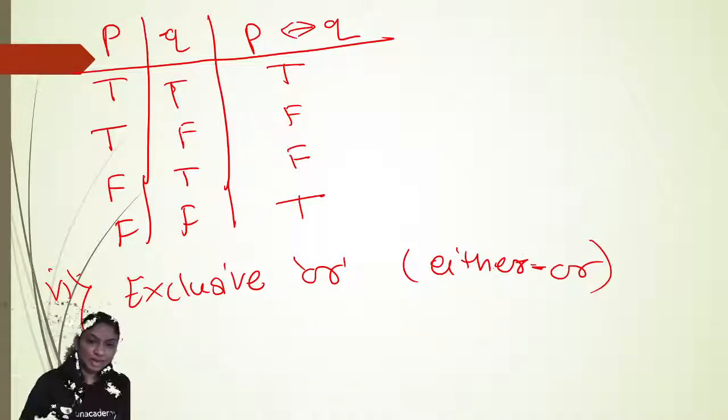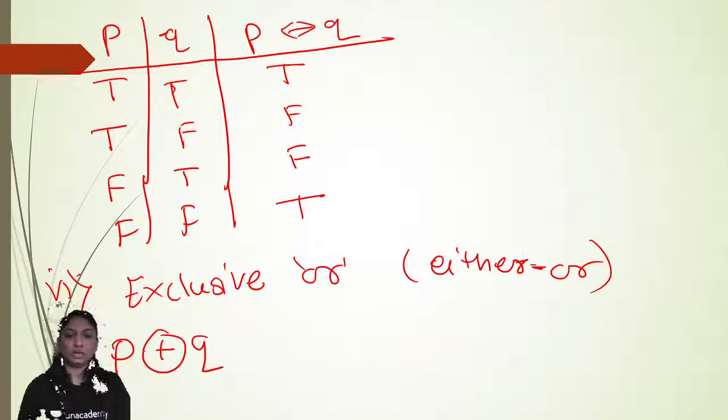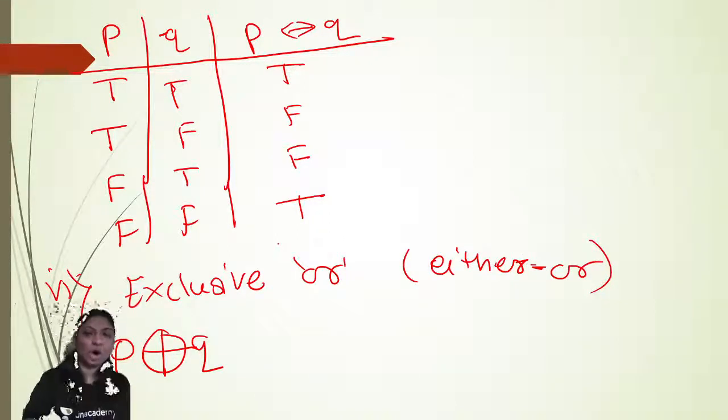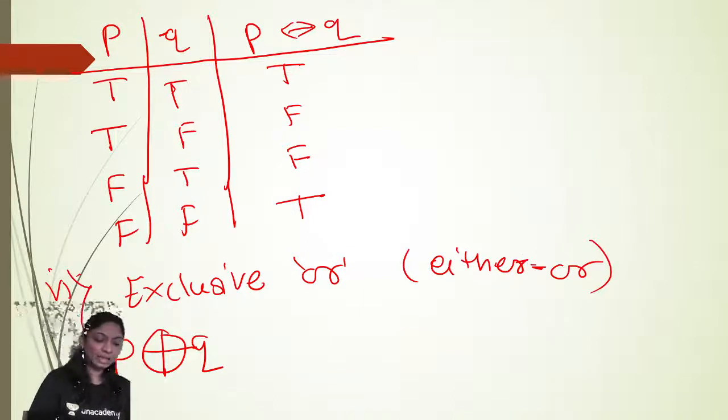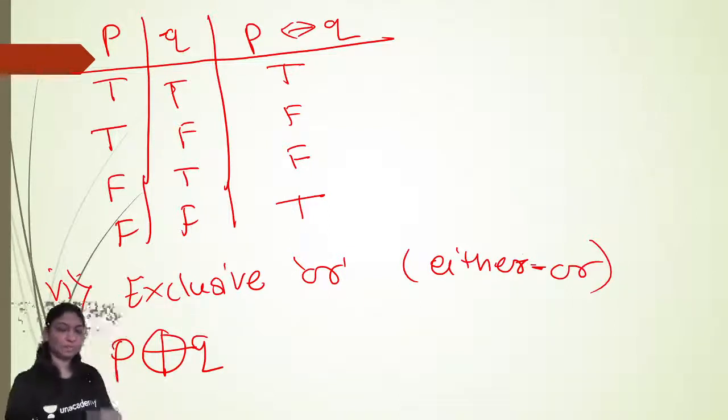It is denoted by P ring sum Q. Either or is denoted by P ring sum Q. How can we write P ring sum Q here? P ring sum Q means either P or Q. We can say here either P or Q.